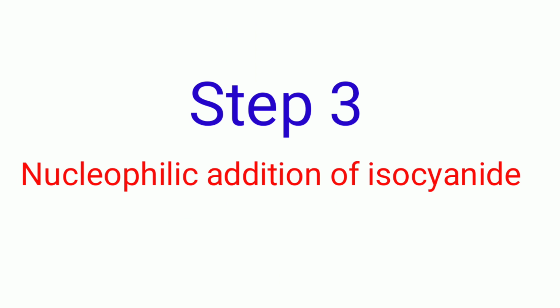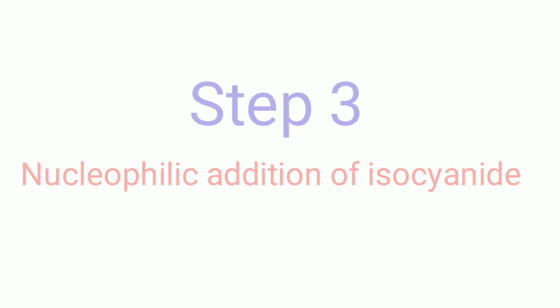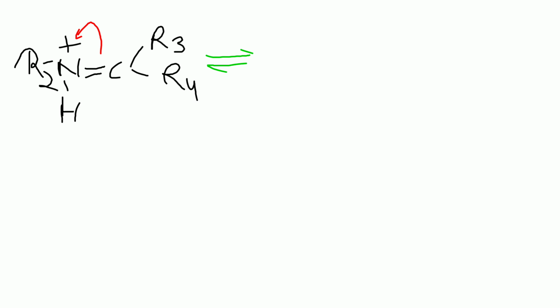The third step of this reaction is nucleophilic addition of isocyanide. Nitrogen of this iminium ion has a positive charge, because this nitrogen forms 4 bonds. Nitrogen forms only 3 bonds and has a lone pair.